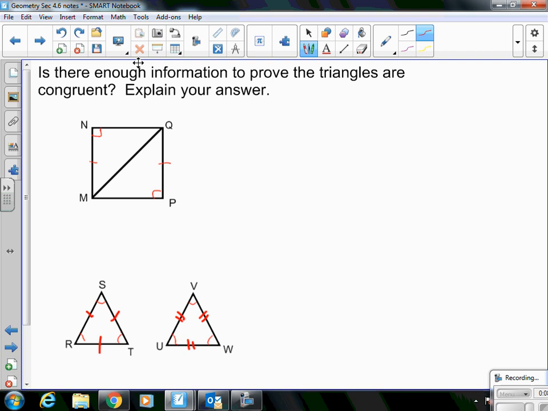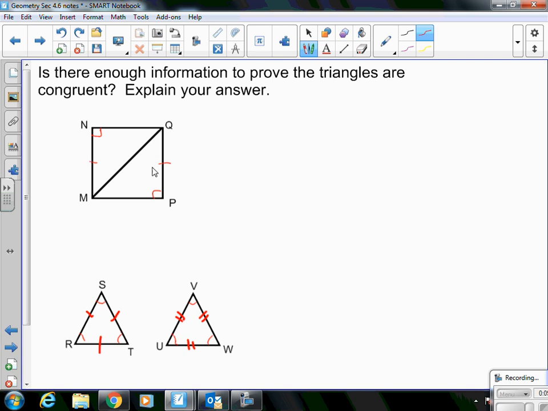All right, so next one, is there enough information to prove the triangles are congruent? Explain your answer. All right, so this first one, we got NOPM, which we notice these are right angles here, N and P, making triangle NMQ and triangle MPQ right triangles.